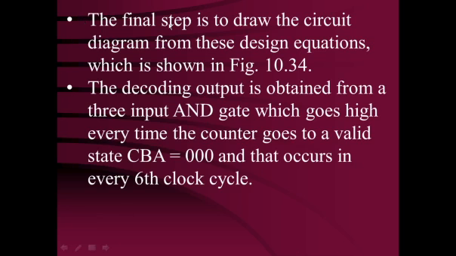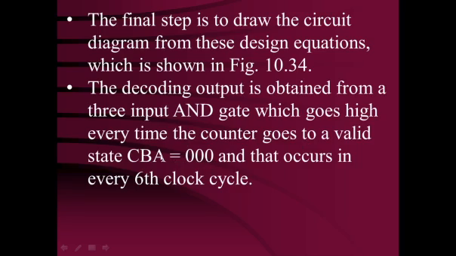The final step is to draw the circuit diagram from this design equation, which is shown in figure 10.34. The decoding output is obtained from a three input AND gate, which goes high every time the counter goes to the valid state CBA equal to 0, 0, 0.